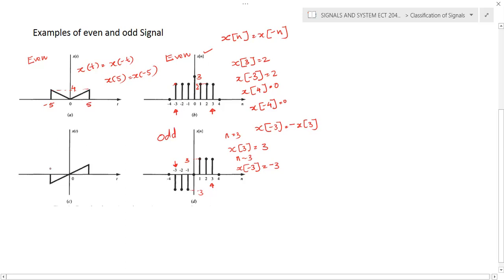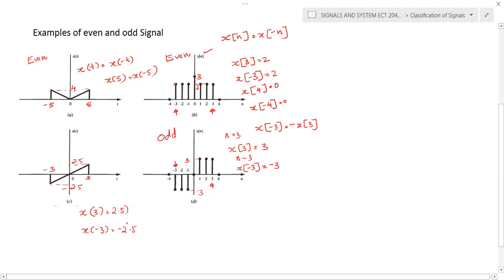Similarly, in the case of a continuous time signal, assume that this is 3, minus 3, and this is t, the time axis. And assume that this value is 2.5, minus 2.5, and here it is 2.5. So if you observe this signal, x of 3 is 2.5 and x of minus 3 is equal to minus 2.5.